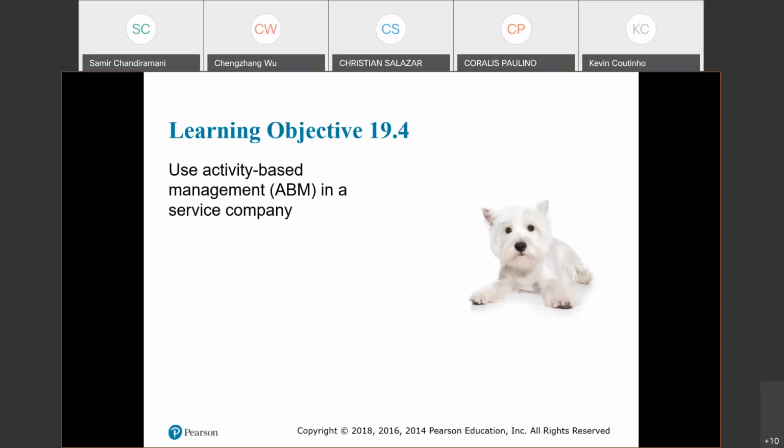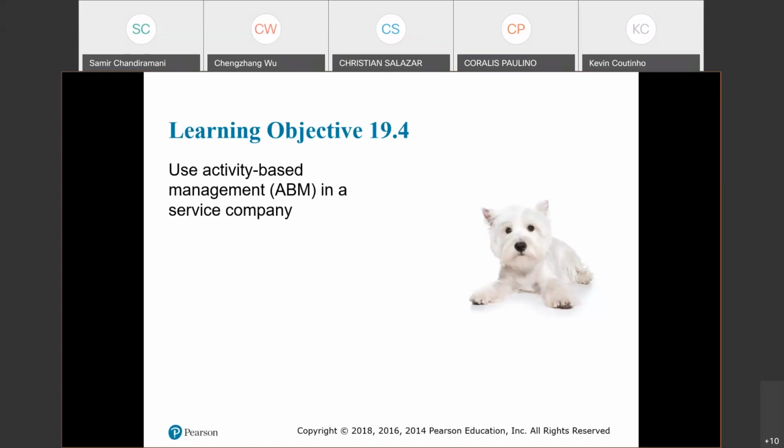For example, a hospital may use activity-based costing to determine the cost of treating each patient. Activities could include admitting the patient, conducting procedures such as X-rays or MRIs, and providing care for patients in their hospital rooms.